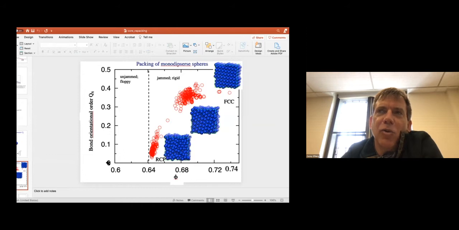It just says if you're in a crystal, you can pack more efficiently than if you're in a random arrangement. And this is still somewhat of a mystery, why crystals pack more densely than random structures. In fact, for spheres, it has been proved that the FCC crystal structure is the densest packing of spheres in 3 dimensions.